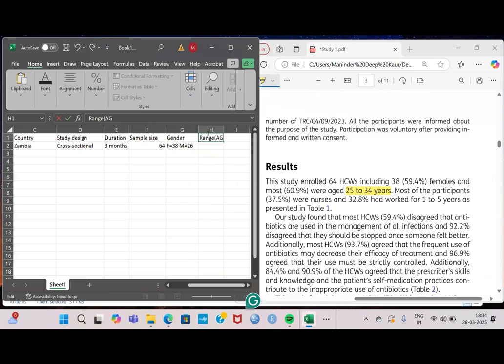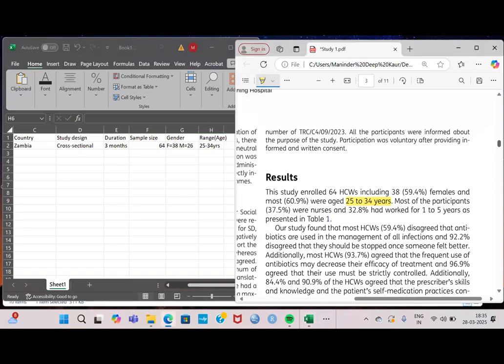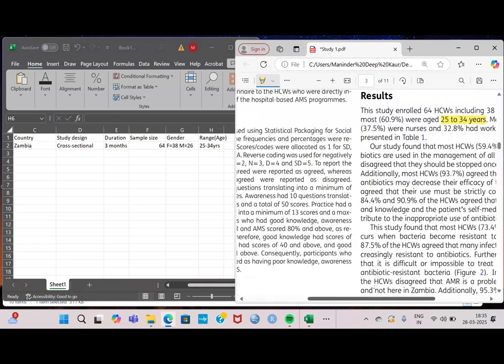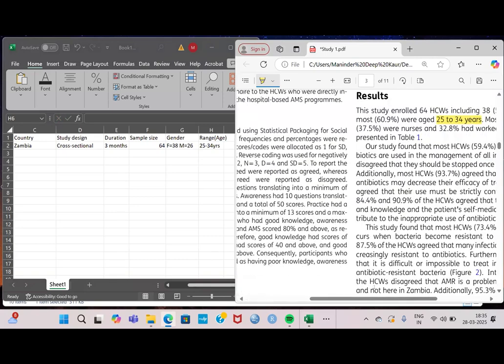So I will give age 25 to 34 years. I already told you, do not collect so much data from one study because it is a very time consuming process. Only collect that information that is going to answer your research questions.